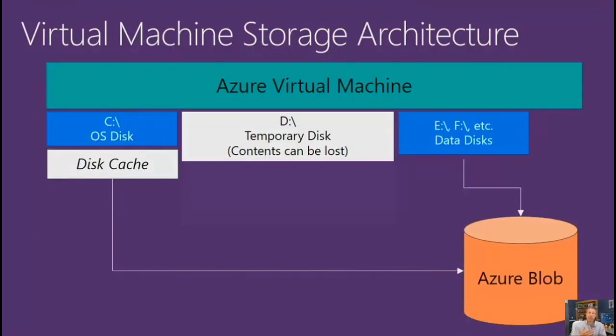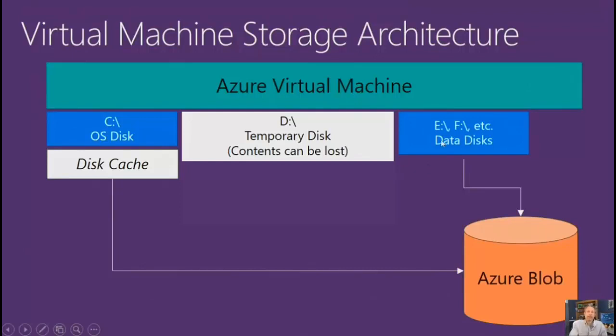Things like a page file, swap area, temporary locations for building or indexing data, but nothing that you'd want to store persistently to this, because it's not durable. If that VM gets reprovisioned, this temporary disk gets regenerated on whatever host in the Azure region it's placed on. So don't put any data that you want to keep around on the temporary disk.